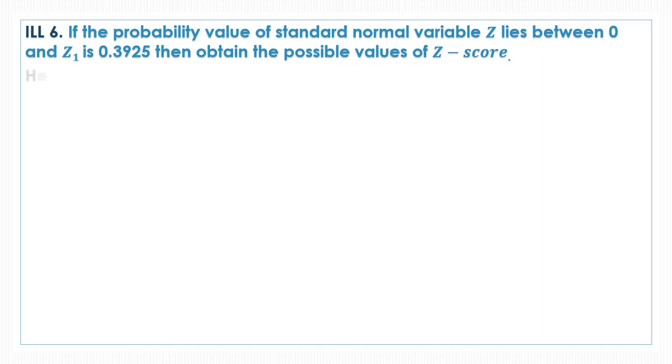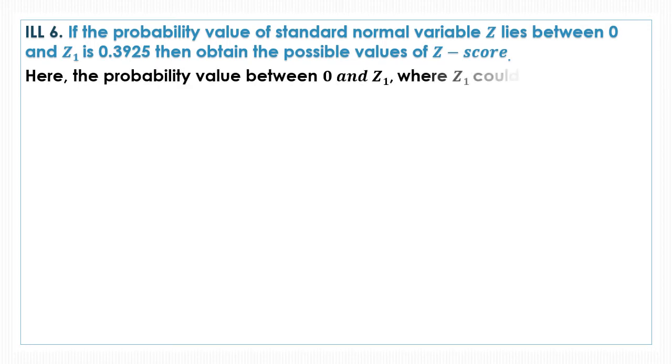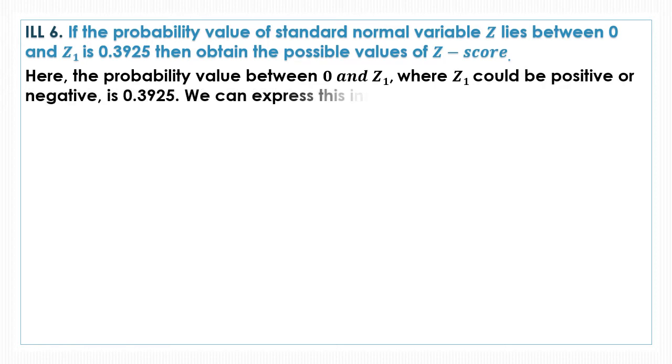Z1 is not necessarily positive or negative because it can be either. Only the probability is given. We have not been told whether Z1 is on the positive or negative side of the curve, because the probability on both sides is the same. So the probability between 0 and Z1, where Z1 can be positive or negative, is 0.3925.